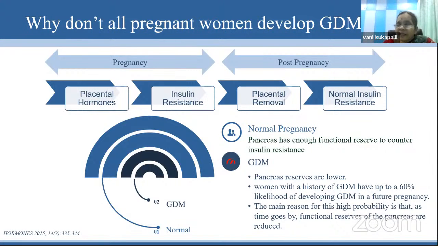And these cases develop gestational diabetes. They also have a chance of developing gestational diabetes in the next pregnancy, and also type 2 diabetes in their future. So it is all about how much reserve the pancreas has in its beta cells. That will decide which woman will develop gestational diabetes or not.